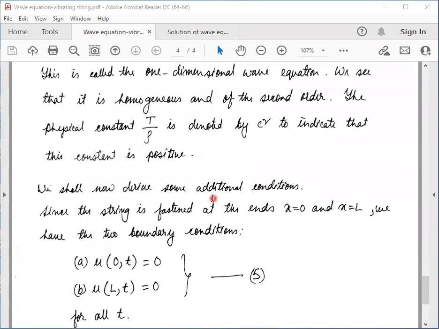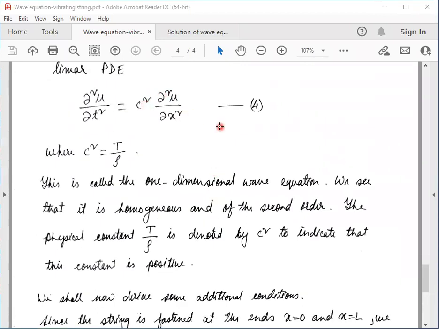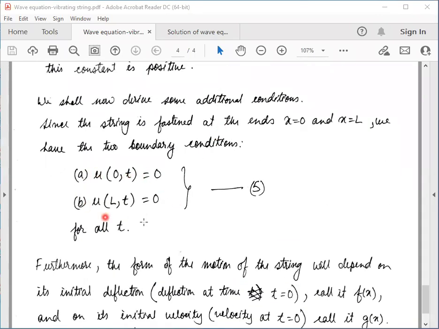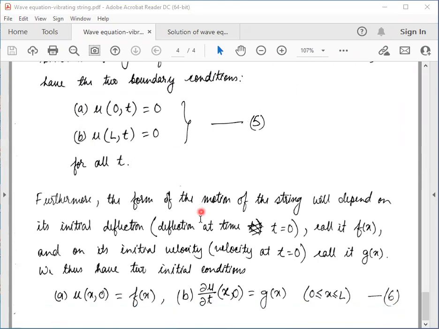So we are going to solve this wave equation subject to this boundary condition and also subject to the initial conditions which are given by these two terms. The initial displacement is given by f of x, and the initial velocity is given by g of x. Here, f of x means different points on the string can have different displacements.